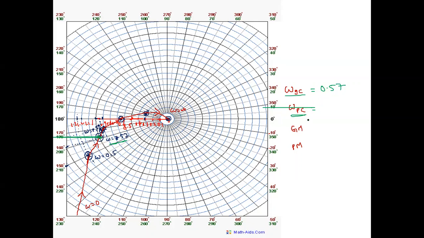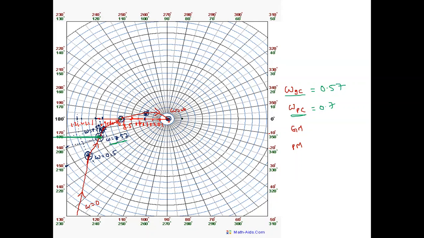And omega PC? That is where the plot crosses minus 180 degrees, minus 1. Where is it? It is at 0.71, this point. You told it is 0.6 or something?